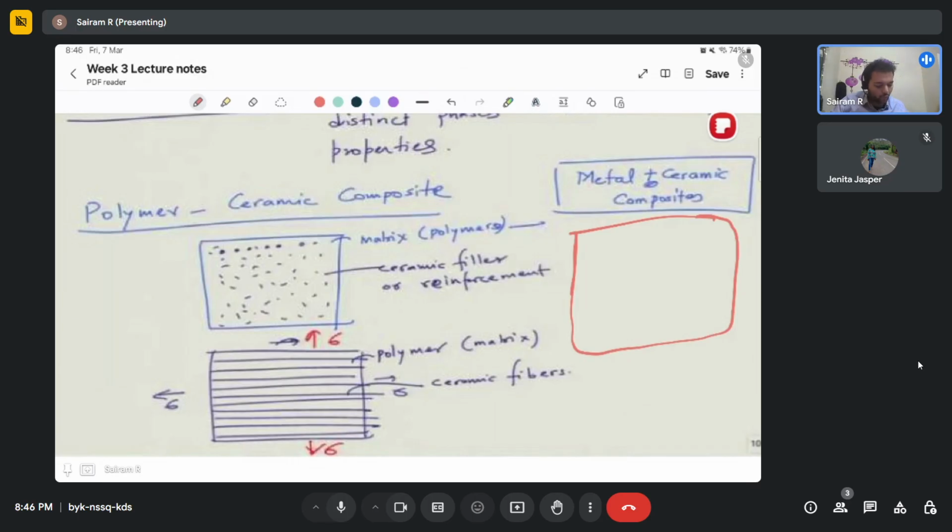There are two ways in which this addition can be added. It can be added randomly as particles, as dots, or it can have certain shapes. Some plates, flakes can also occur, or it can also happen as it is shown here in the form.